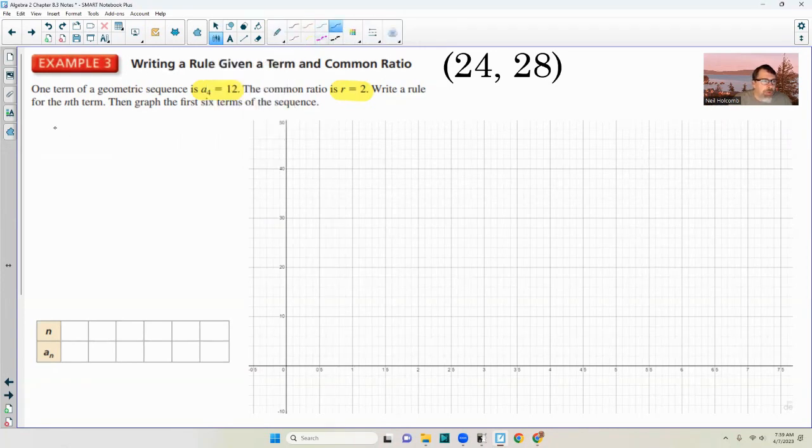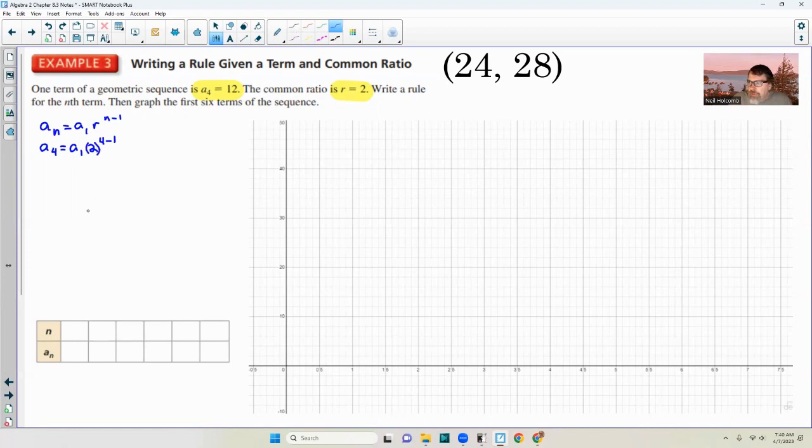Okay, so here's what we're going to do. A sub n equals a sub 1 times r to the n minus 1. So first off, write the formula. Next, substitute your givens. We're given a sub 4 equals a sub 1 times r to the 4 minus 1.